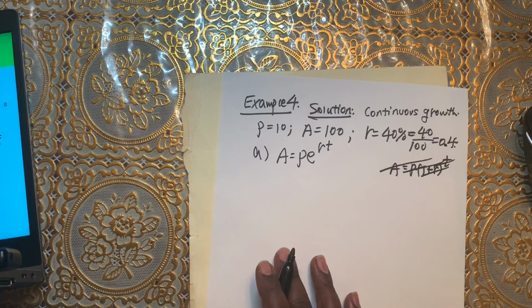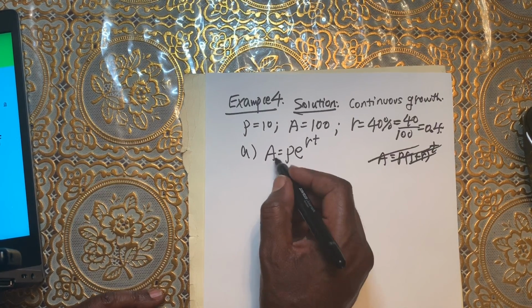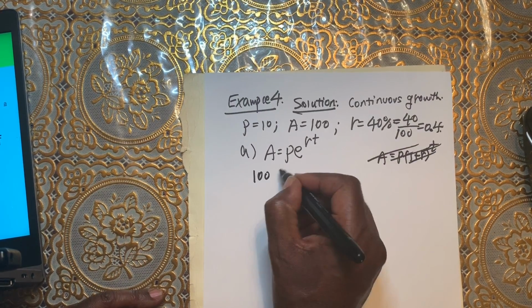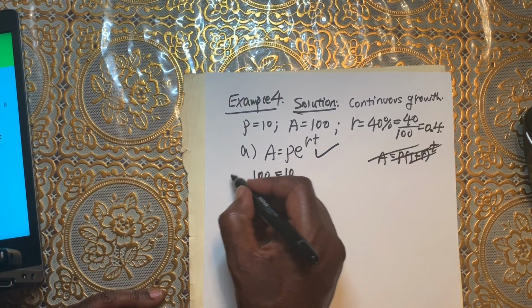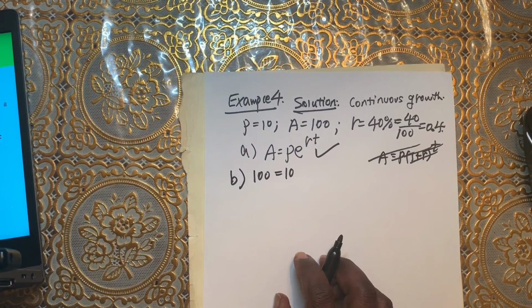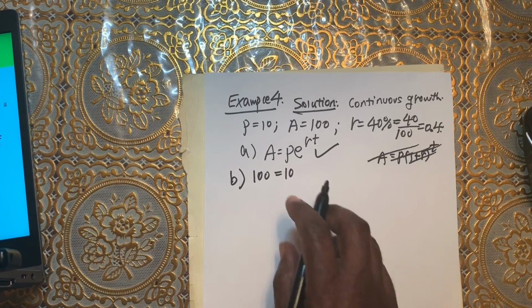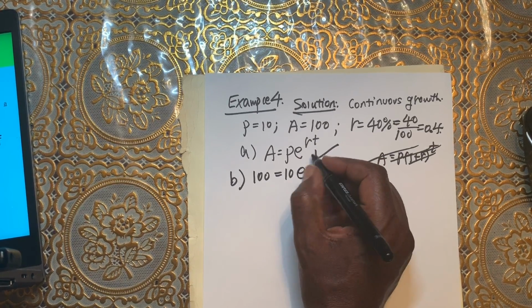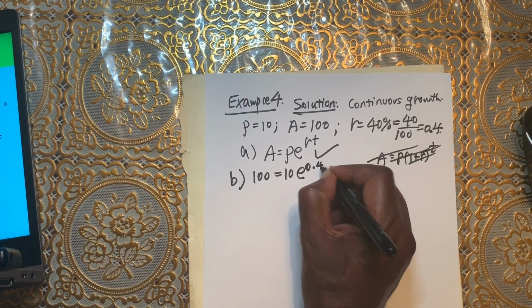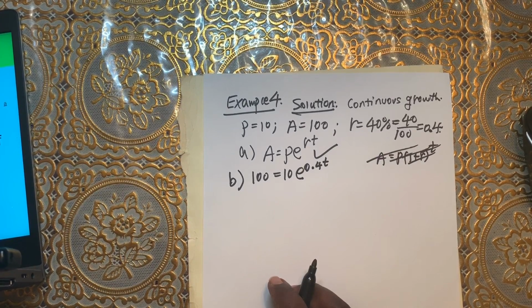So we are using this: A is 100, and it started with 10. This is the equation for question A. Question B: how long does it take to go from 10 to 100? 100 equals 10 e to the power of 0.4t.